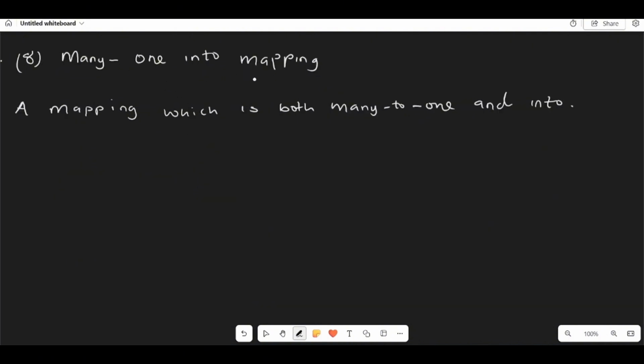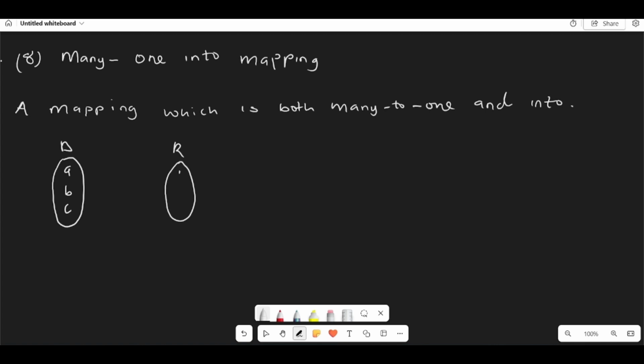Many-to-one into mapping, a mapping which is both many-to-one and into. Let us consider this example. Our domain here is A, B, C. Our range is 1, 2, 3. A is mapped with 1, B is mapped with 2, and C is mapped with 2.